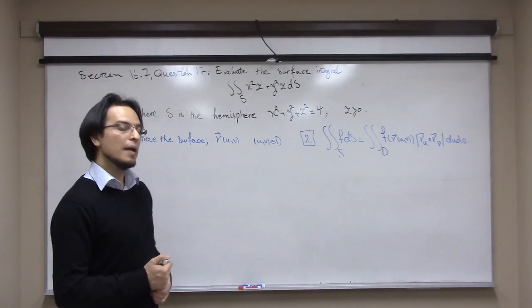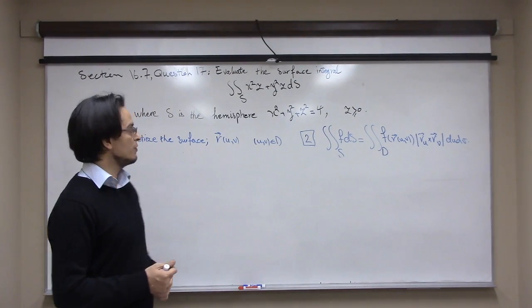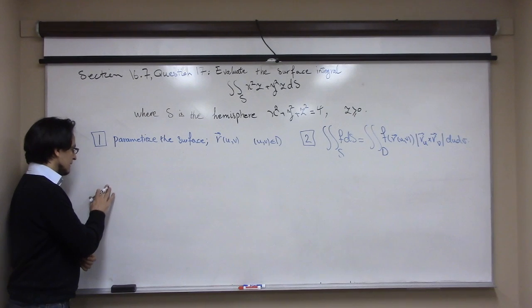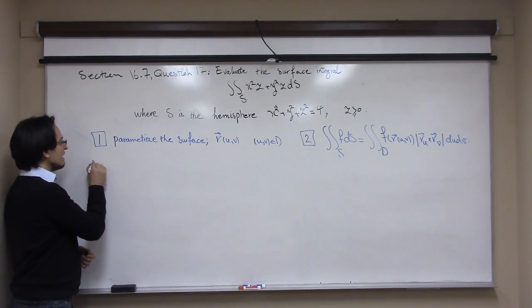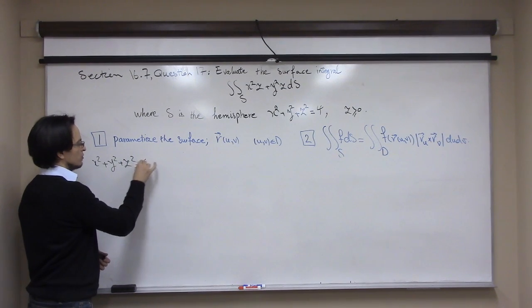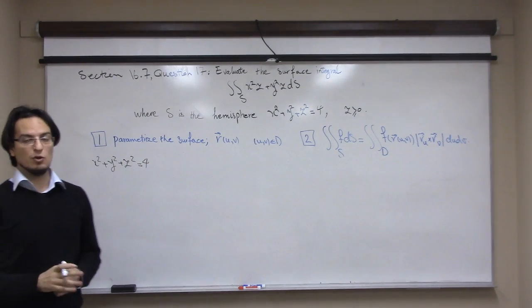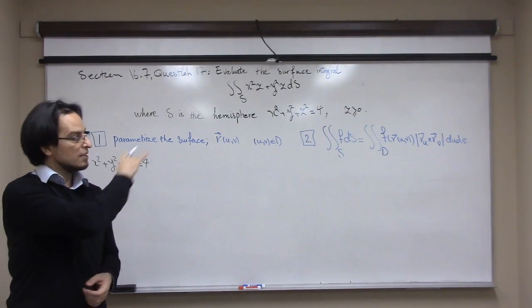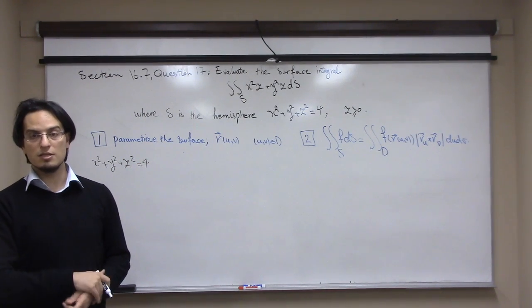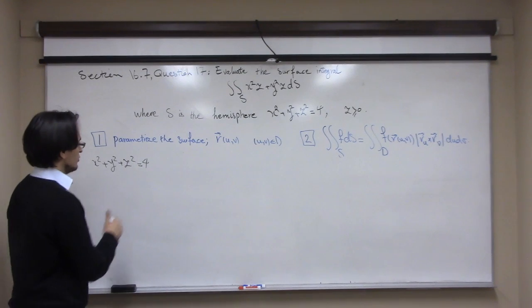Okay, what is the parameterization I'm going to use for the hemisphere this time? I have x squared plus y squared plus z squared equals 4. This is an equation which gives us the sphere of radius 2.